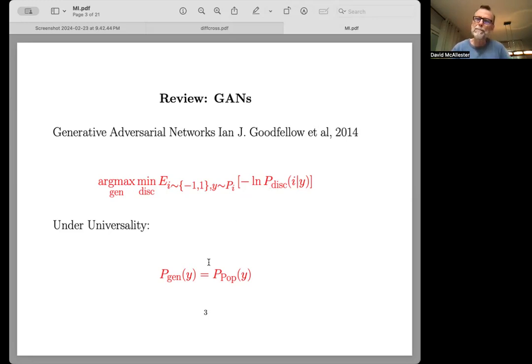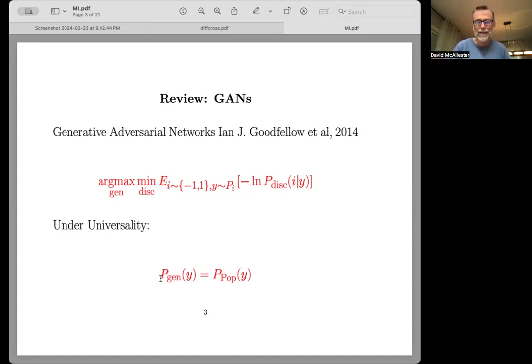And again, the fundamental reason for this, it's kind of trivial, is that if the generator wants to guarantee that it can fool any discriminator, and we assume universality for both the generator and the discriminator, then the best the generator can do is to exactly model the distribution. So the discriminator has no way to know which it came from.